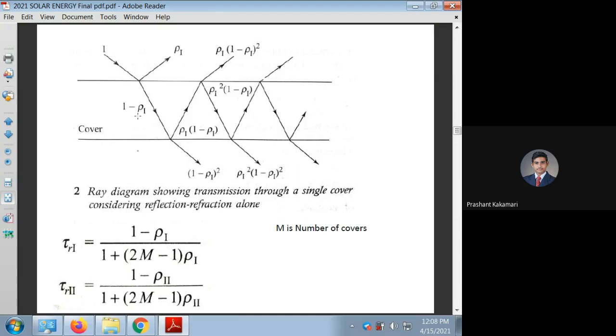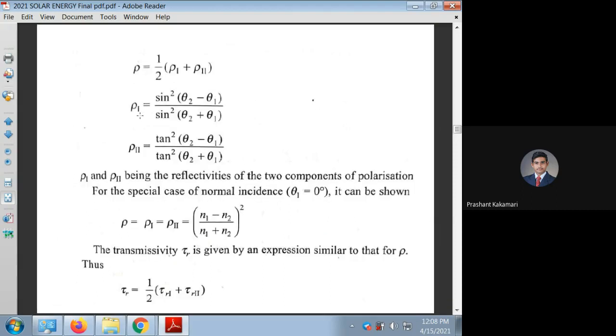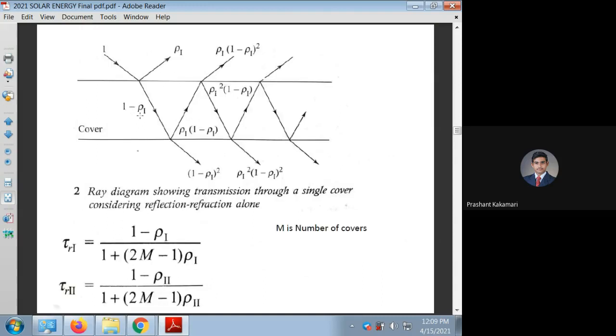In this case, the refraction procedure is going to reduce by some reflectivity value, that is rho 1. What is rho 1? We have seen in the equation: rho 1 is sin square (theta 2 minus theta 1) divided by sin square (theta 2 plus theta 1), which is the reflectivity in medium 1. Already it is passing through medium 1, the glass cover here, so I have considered 1 minus rho 1.